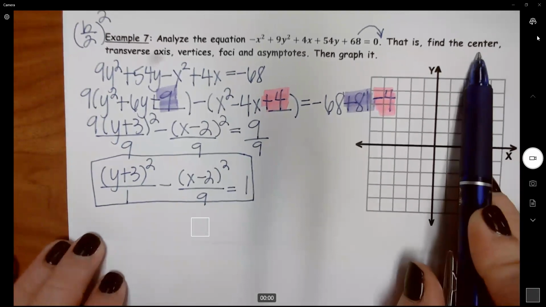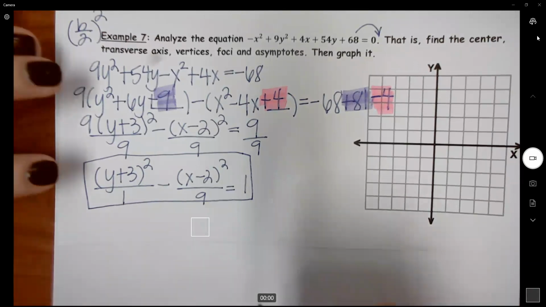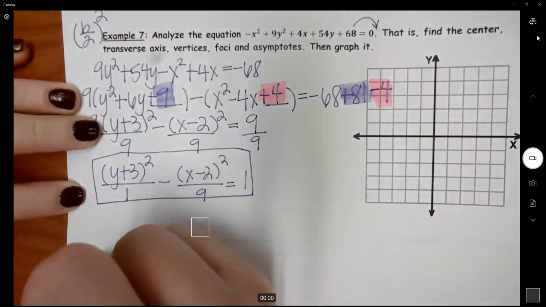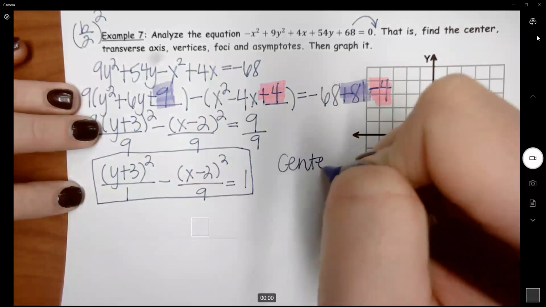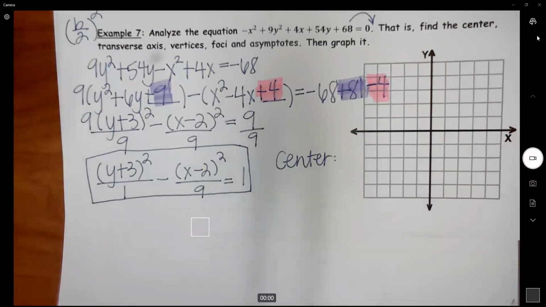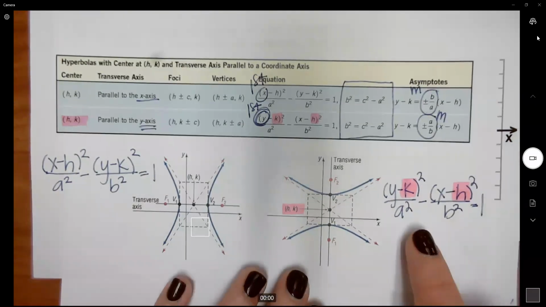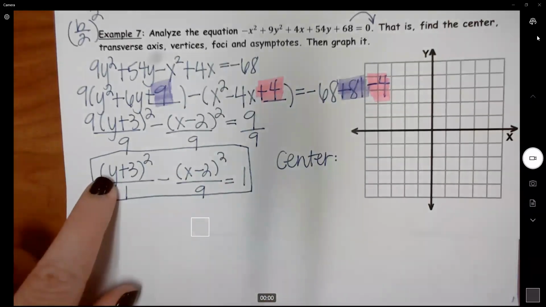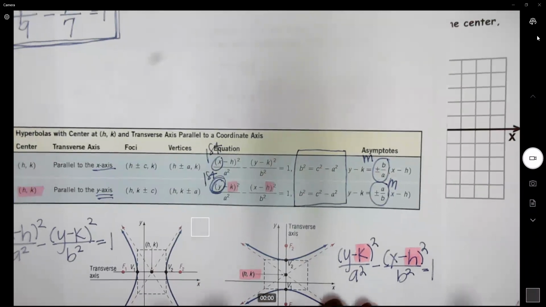So find the center. What is the center? Let me give you a minute to think about it. Find the center. What is it? All right, this is what we highlighted. Because I have this y first, we have this equation here.